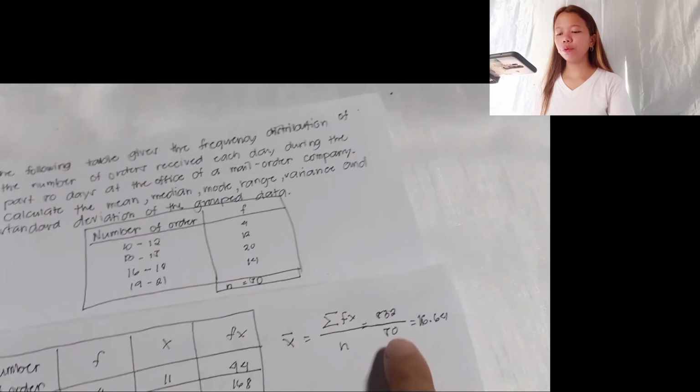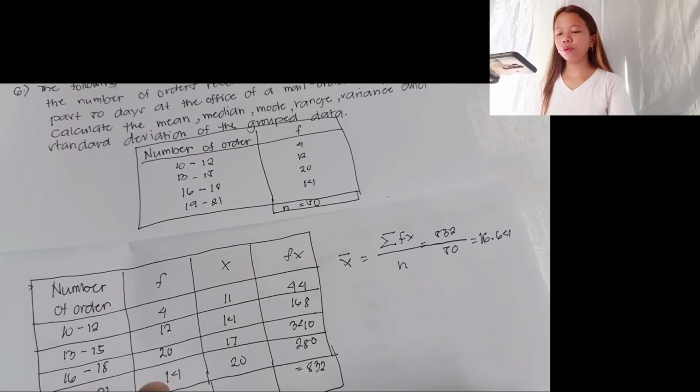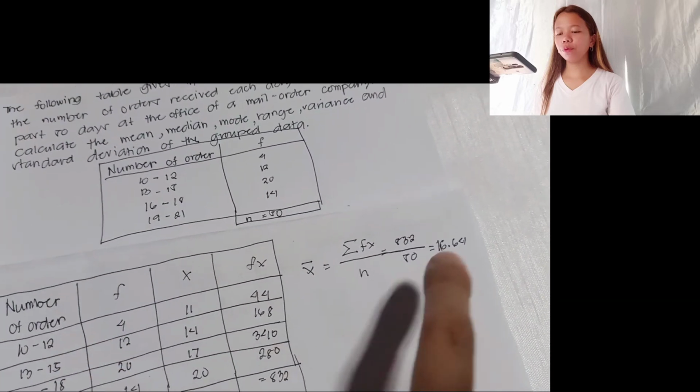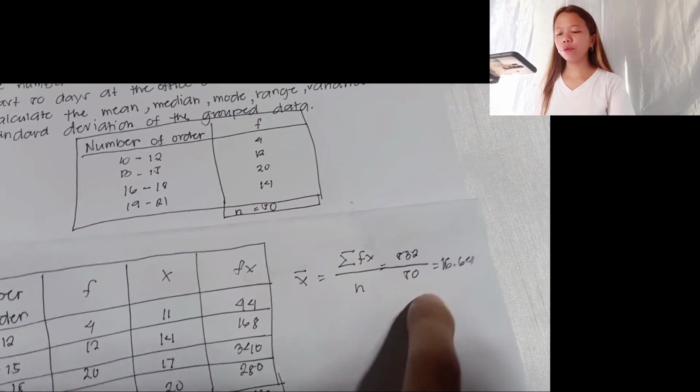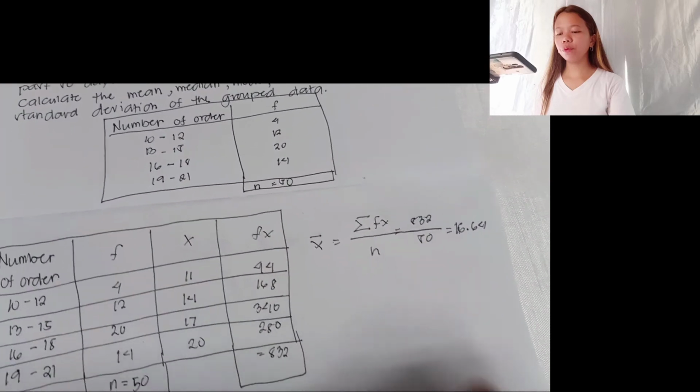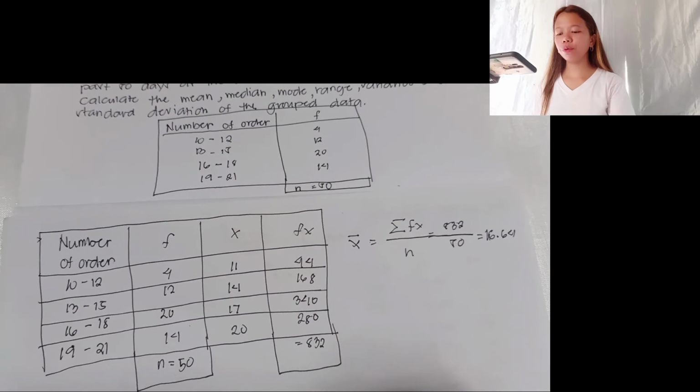So we put 832 here, and n is the total of the frequency, 50. So we divide 832 by 50, that would be 16.64. So our mean is 16.64 in the grouped data.